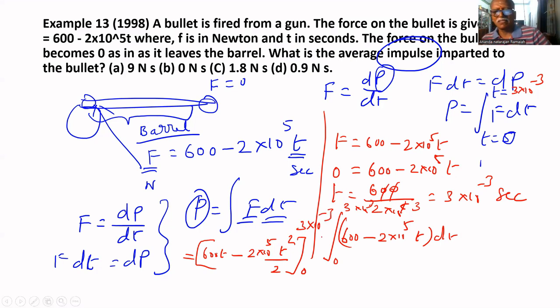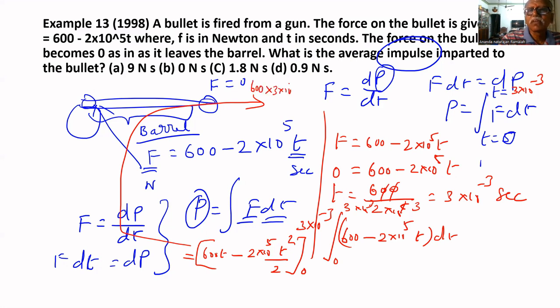Since we need P, we substitute t: 600 times 3 into 10 power minus 3, minus 2 into 10 power 5 multiplied by t square, which is 9 into 10 power minus 6.